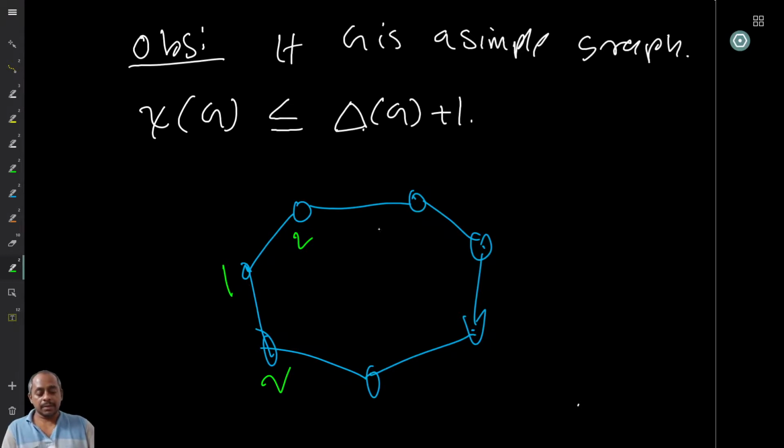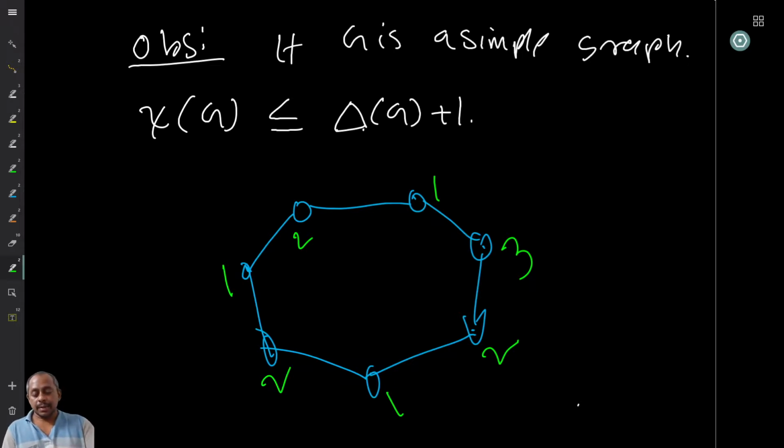Consequently, we have to use color 1 here and here, and then I have to use color 2 here. But I cannot use color 2 here and here because they are adjacent. So I need to use a third color. These were all forced, so we can say that this is the minimum. So for odd cycles, we can immediately see that we need 3 colors.